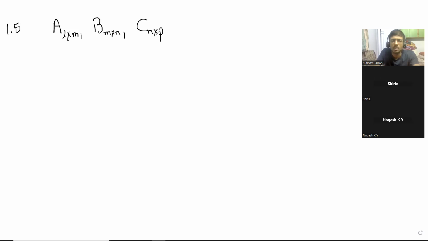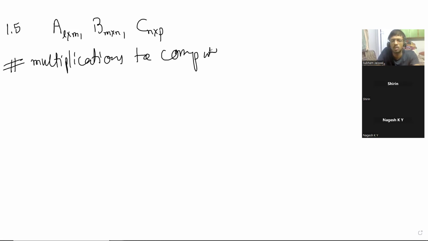Okay. So how many multiplications, number of multiplications to compute AB? Any ideas?